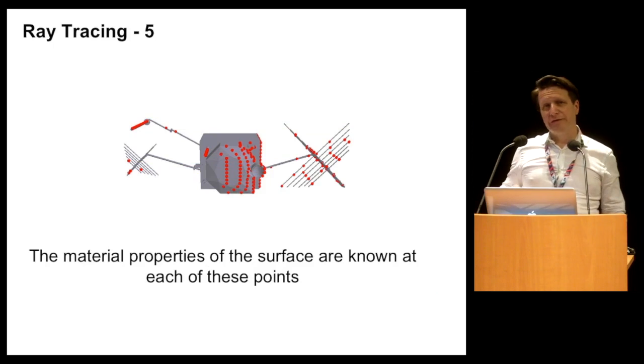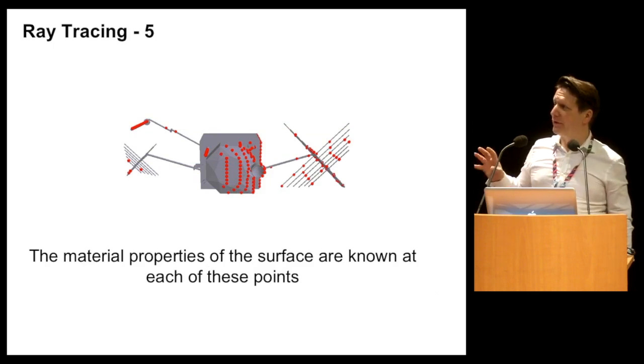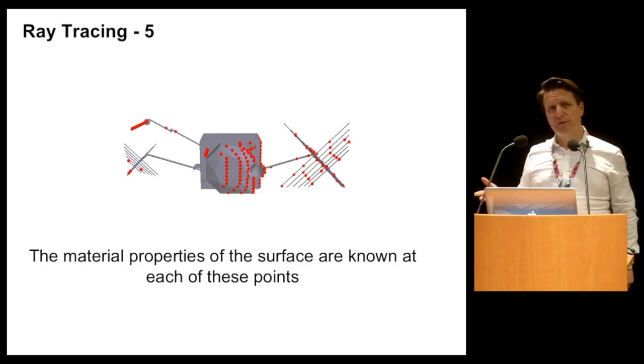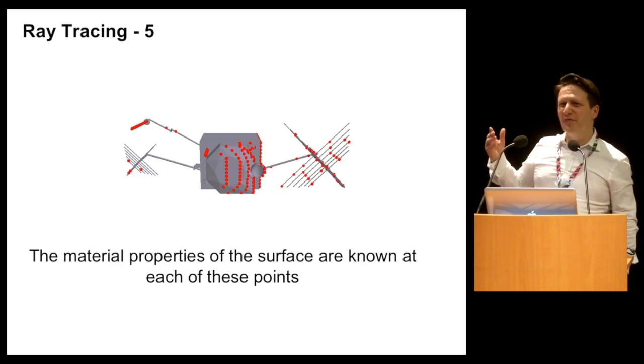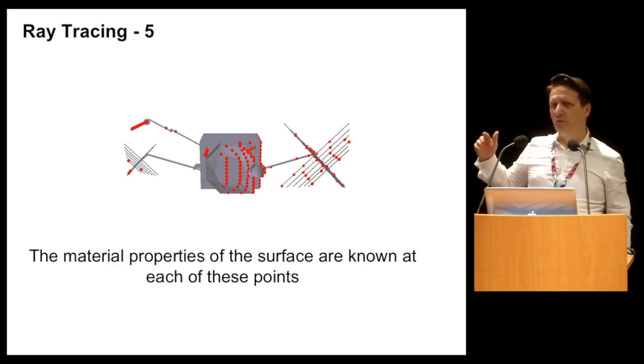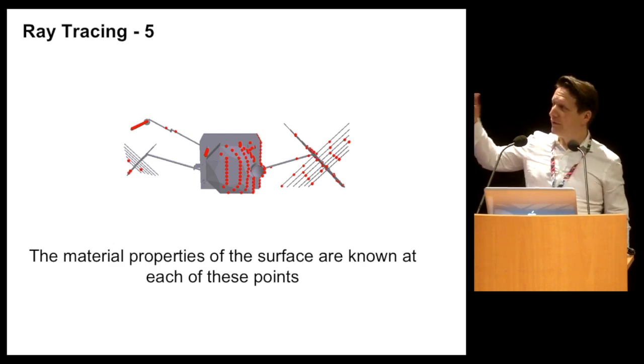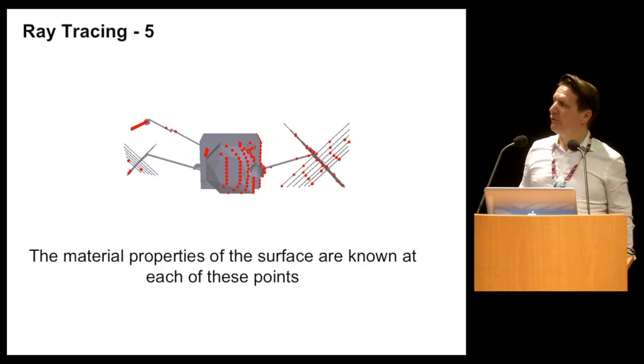At each one of those intersection points on the space vehicle surface, we look up the material properties. We use a physical model of the interaction of the radiation with the actual material properties of the space vehicle.